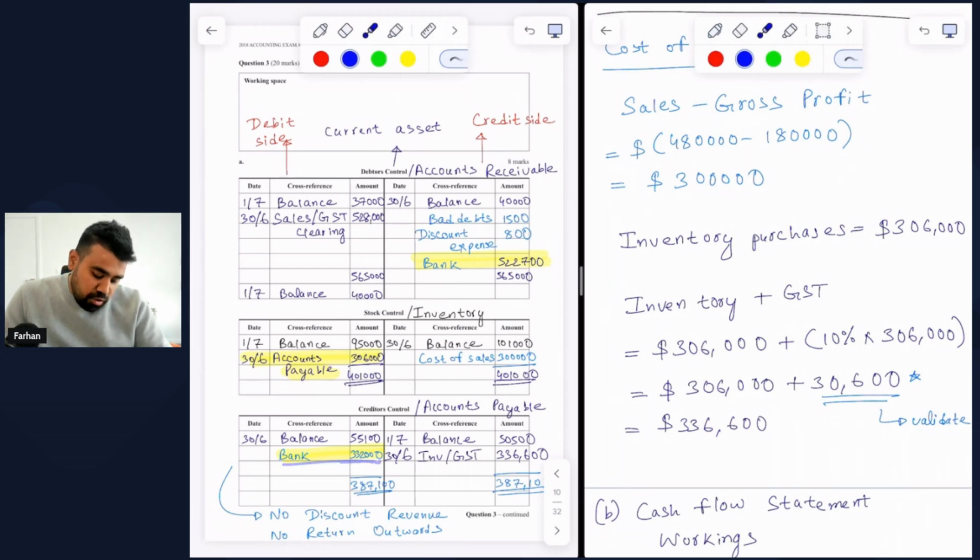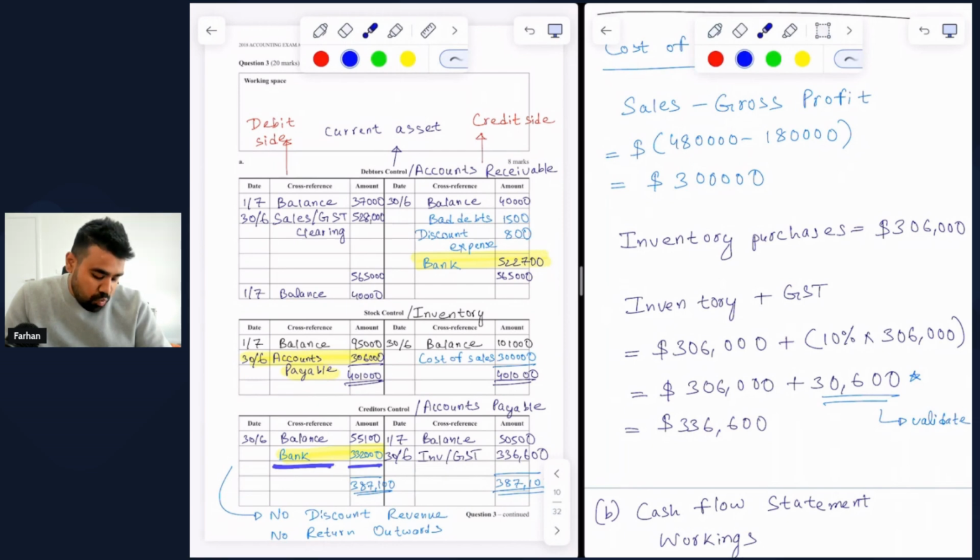We just simply find the total of everything on the credit side, which is $387,100, and that must be the total on the debit side. And once you subtract the closing balance of $55,100, you get $332,000, which refers to the cash that we have paid to our accounts payable or our credit suppliers during the year ending 30 June 2018.